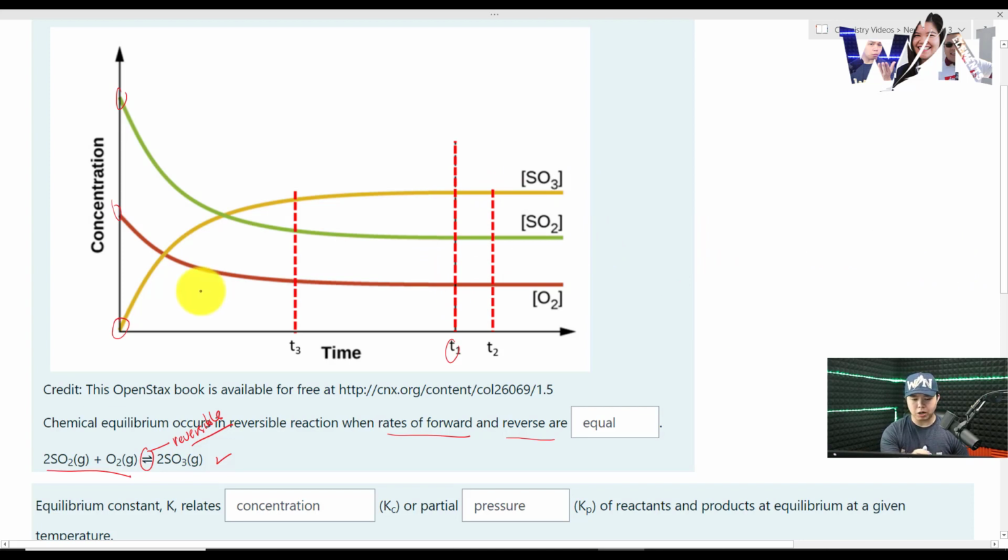So the concentration of this reactant and this reactant stay the same, because as it's making product, the product is also making the reactant in the opposite direction. So keep that in mind. Equilibrium occurs when the rate of forward and the rate of reverse are the same. Therefore, you will not see any changes in the concentration.